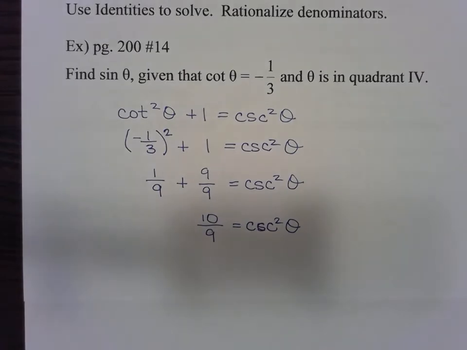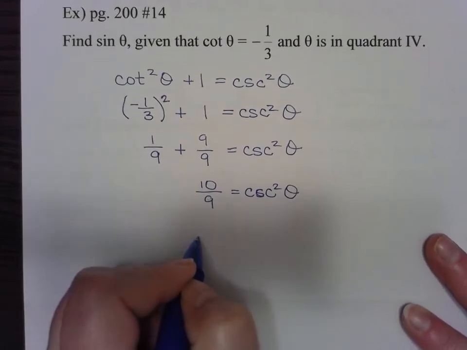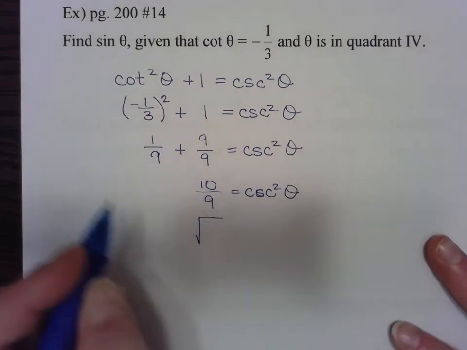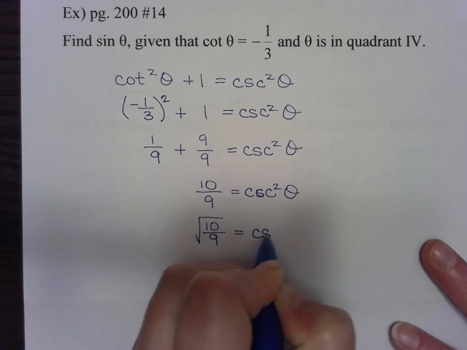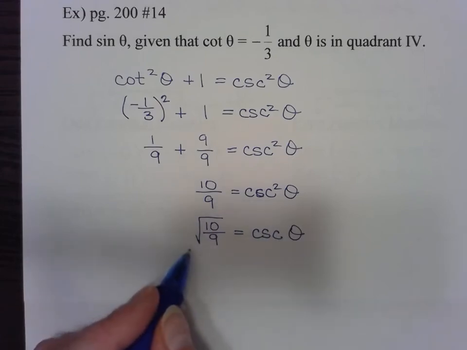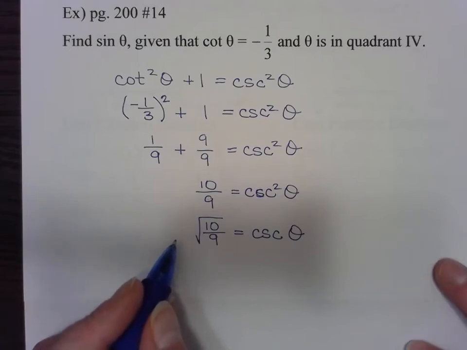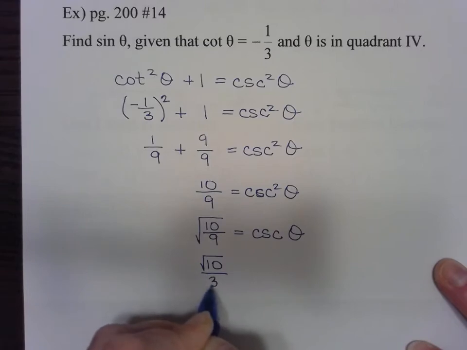Okay, why don't I go ahead and take the square root, so I just have the cosecant instead of the cosecant squared. So if I take the square root of both sides, I can take the square root of the denominator, so really this is like the square root of 10 over 3.